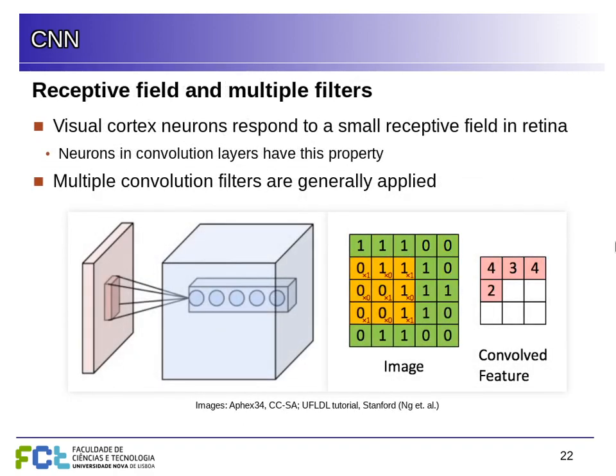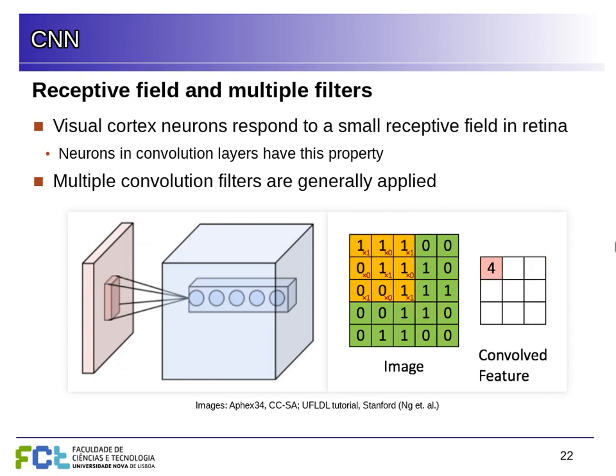So one property that each of these neurons has, if we imagine the convolutional layer to be composed of neurons that scan through the input, is that each neuron will have a receptive field, which is the size of the input where it's actually looking at each position as it scans through the input.